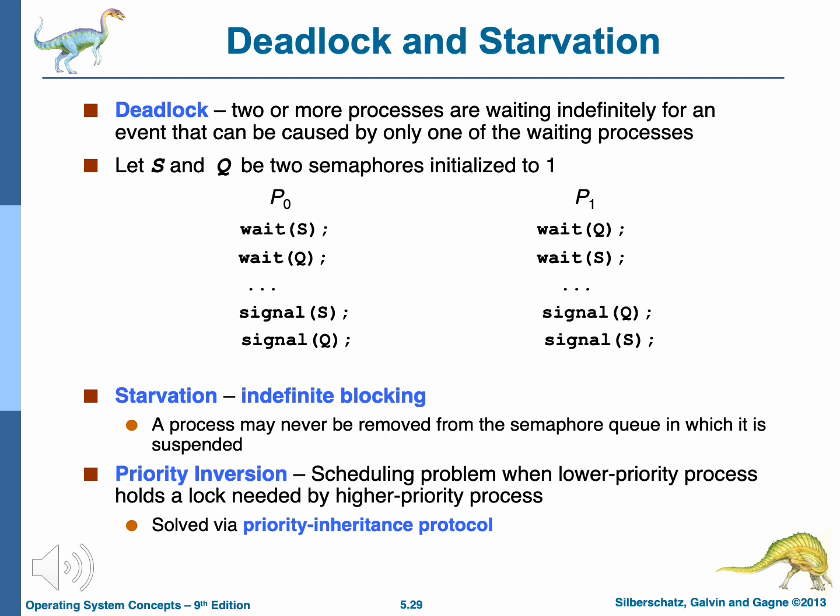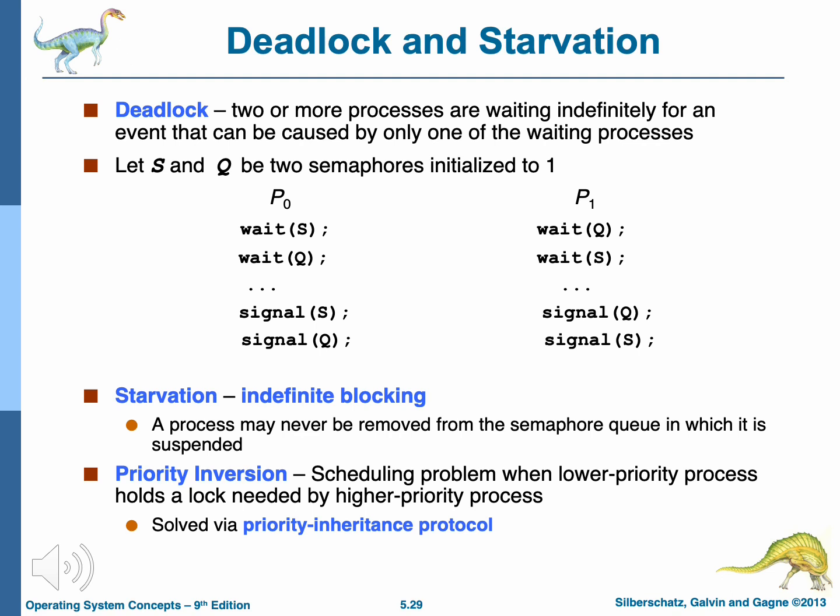The situation becomes more complicated if the lower priority process is preempted in favor of another process with a higher priority. As an example, assume we have three processes L, M and H whose priorities follow the order L < M < H.